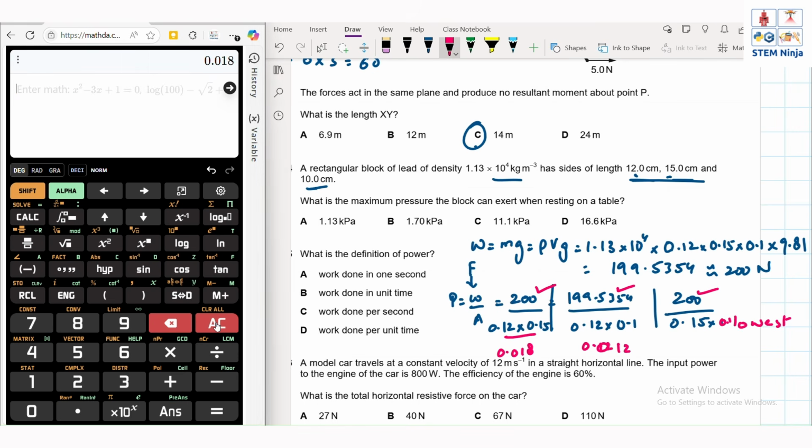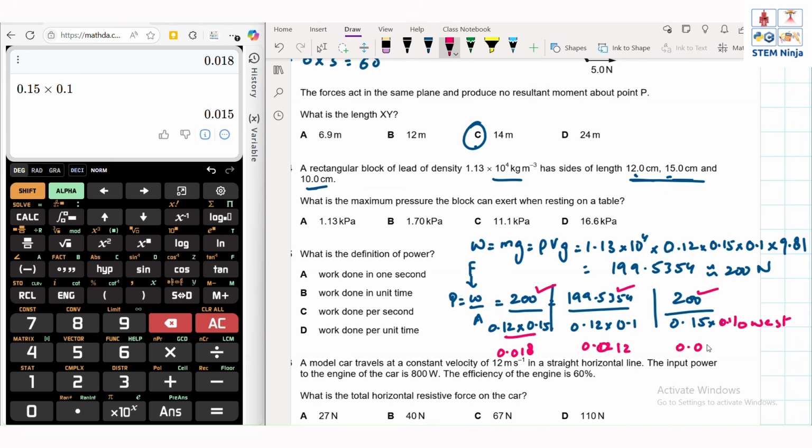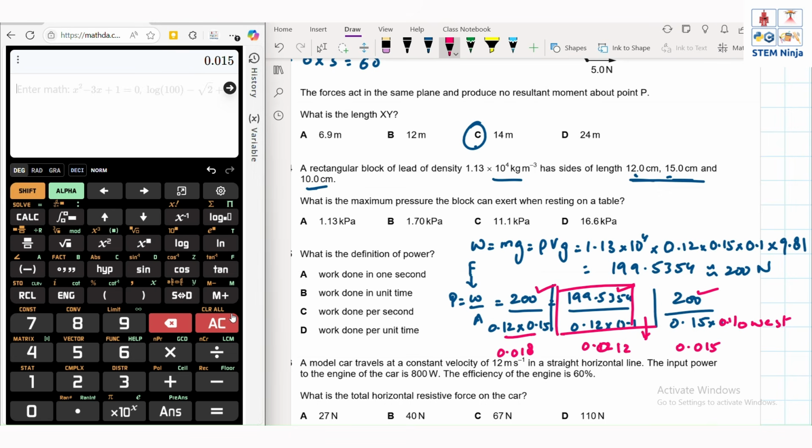And 0.15 times 0.1, that is 0.015. So lowest is this one. So 200 divided by this value, and this is in Pascal, so we divide this by 1000.